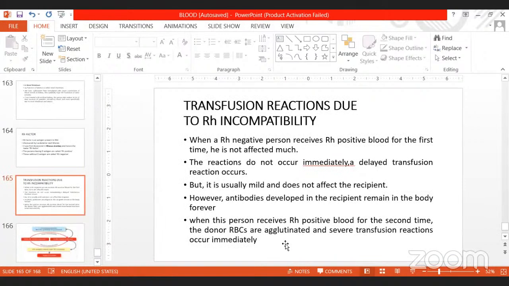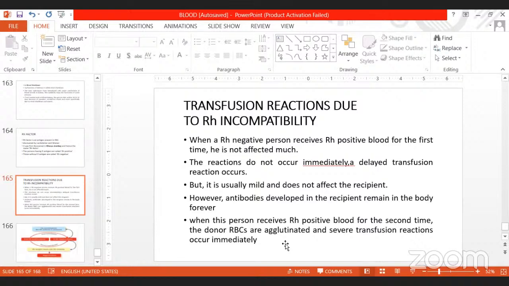Incompatibility between Rh positive and negative leads to transfusion reactions. If an Rh negative person receives Rh positive blood, he is not affected the first time.